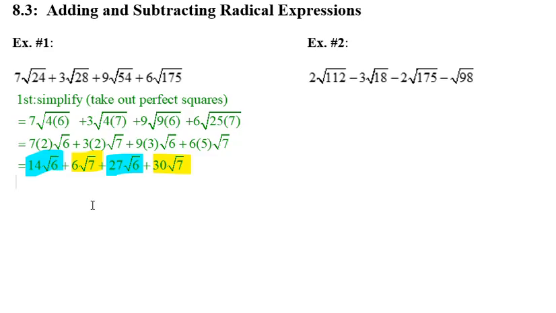Just like if we were adding 14x and 27x, we'd get 41x. When we add 14 root 6 and 27 root 6, we get 41 root 6. Likewise, with the two I've highlighted in yellow, 6 root 7 plus 30 root 7 is going to give us 36 root 7. So there's our final answer. I should circle that since it's our final answer.